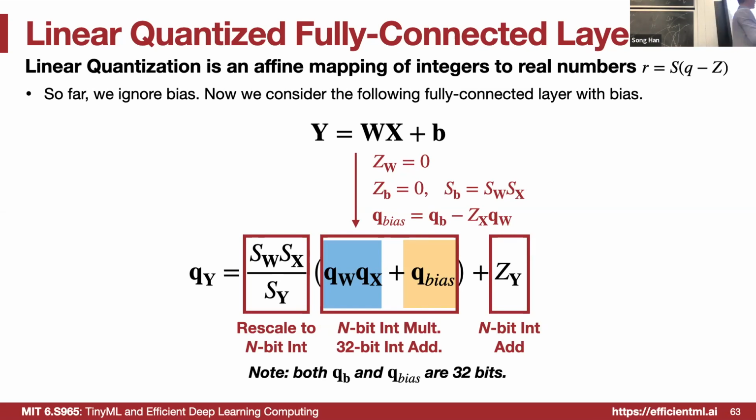So we can calculate that by pure integer multiplication. All these are integers. Then we can rescale that to integer and shift it, and finally add the n-bit integer bias.